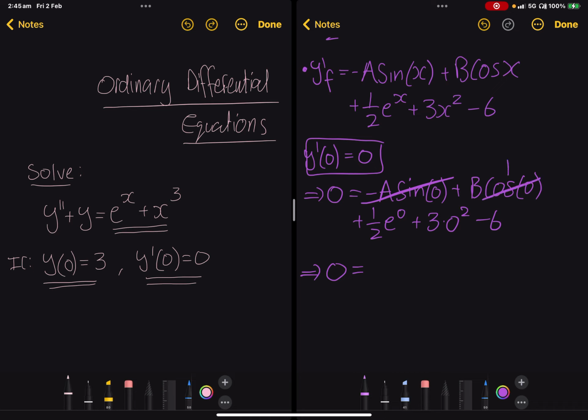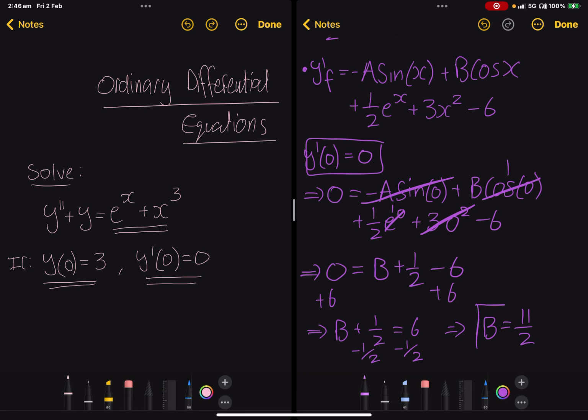Cosine of 0 is 1. So we have b. E to the 0 is 1. So that's plus 1/2. This term goes to 0 minus 6. So we're going to add 6 to both sides. This gives us b plus a half is equal to 6. Going to minus a half from both sides. This gives us b is 5.5. That's 11 on 2. So b is 11 on 2.